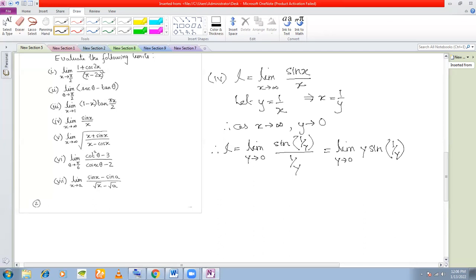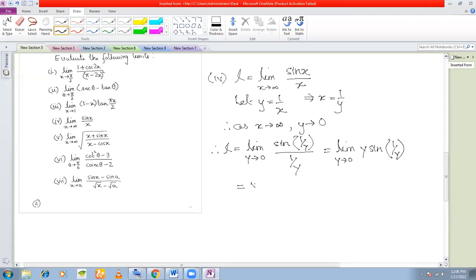If you put y is equal to 0, is sine 1 by y a finite quantity? 1 by 0 is a huge quantity, right? Sine of 1 by y, sine of infinity, a very huge quantity. But you know that howsoever huge the angle is, the value of sine will always lie between -1 and 1.